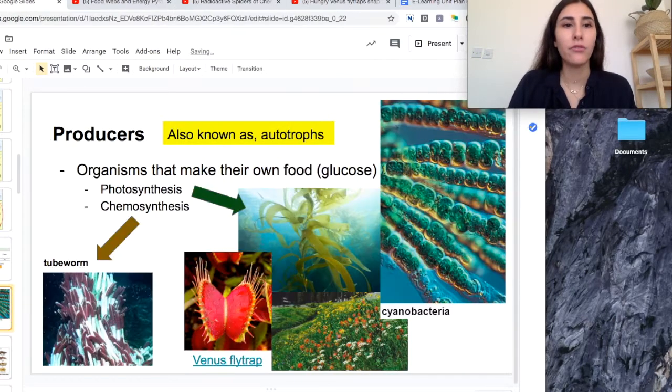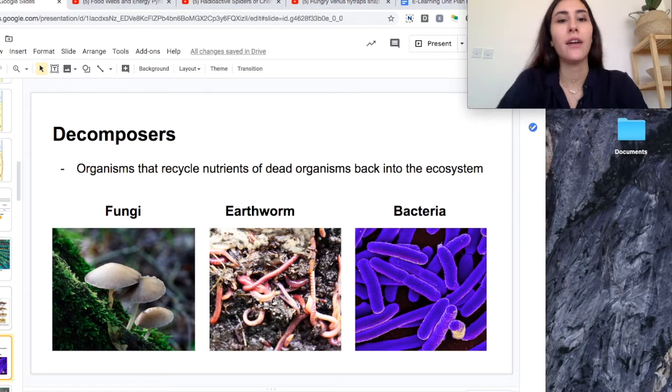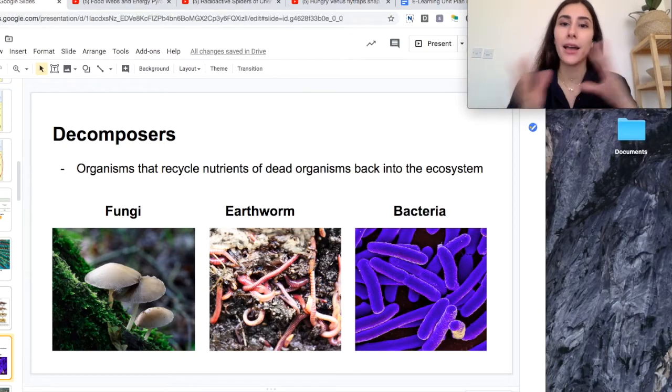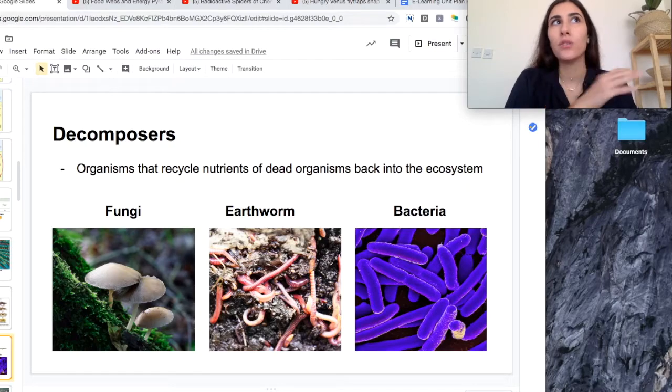Next we have decomposers, which are extremely important organisms. Decomposers, their main role is to recycle all the nutrients that exist, especially in dead organisms, back into the ecosystem. So this whole cycle of life continues, all right? Nothing is wasted in our ecosystems.